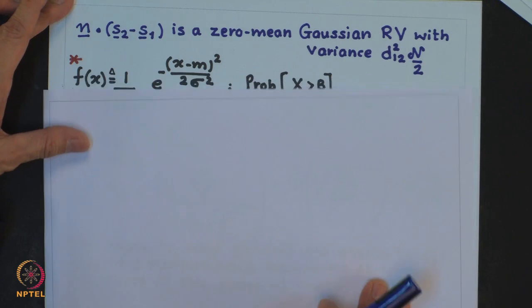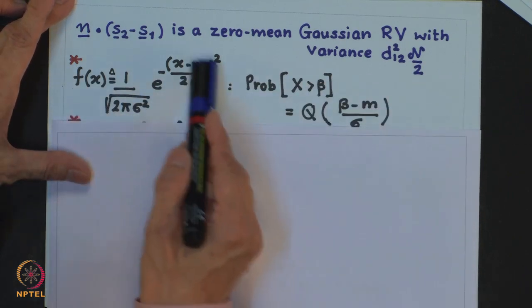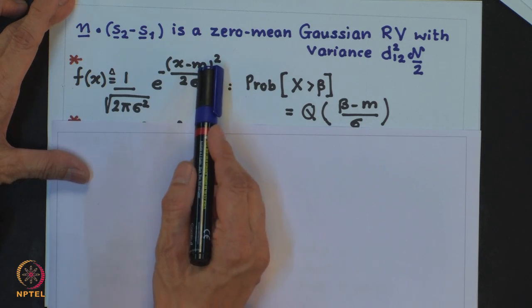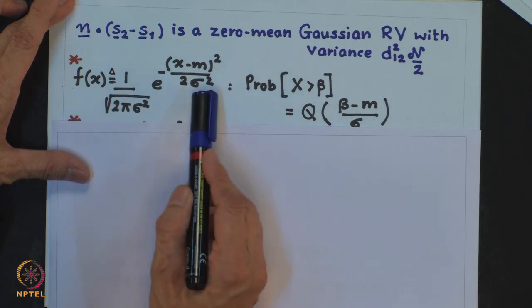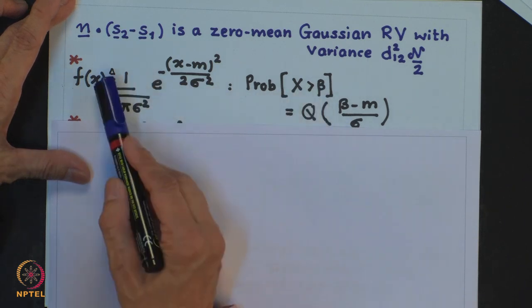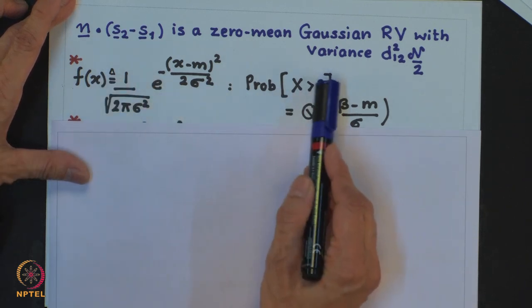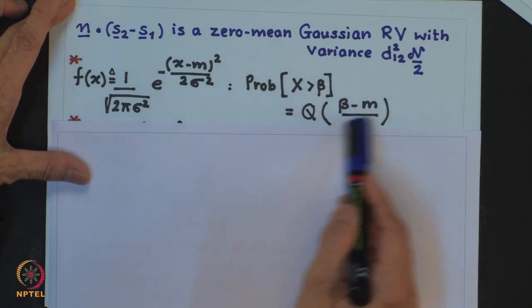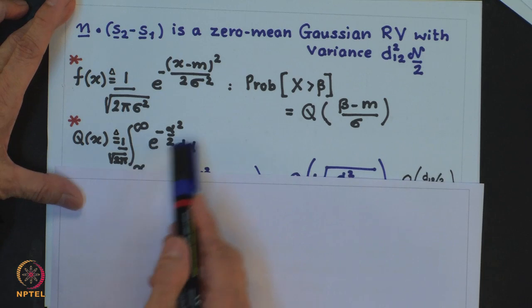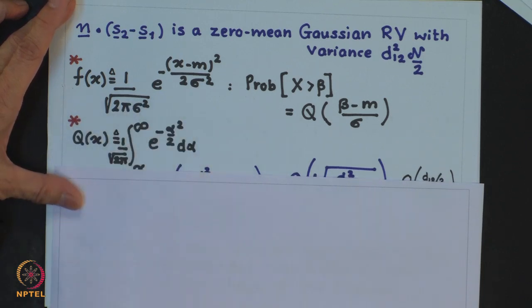Now quickly, we know that if I give you a general Gaussian PDF with mean m and variance sigma squared, then the probability of the random variable x being larger than a certain value beta is given by the Q function, and the Q function itself is defined out here.